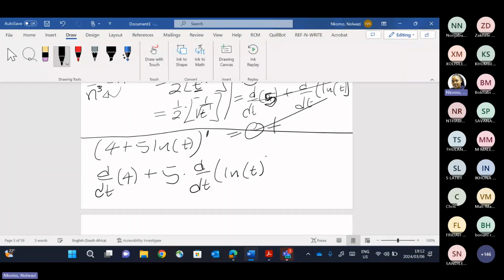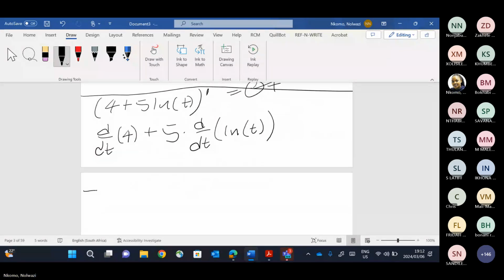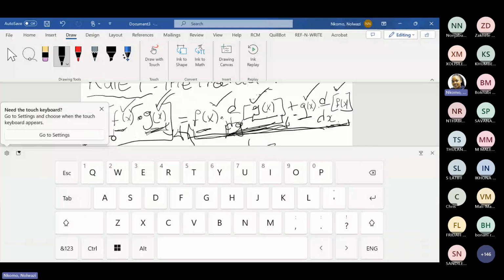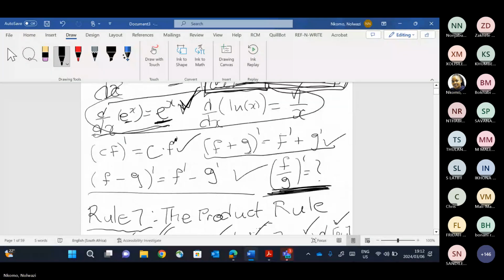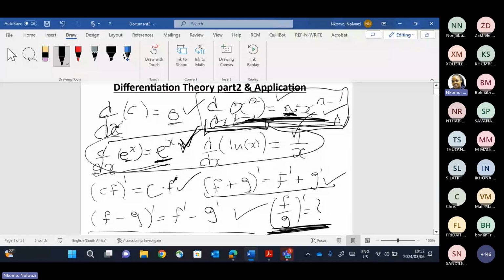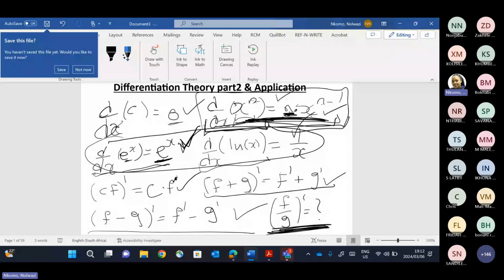We said the derivative of 4 is 0 plus 5 times the derivative of this. Then we go back to our rules and see which rule we can apply here, right? Okay, here are our rules. This rule says the derivative of ln x is 1 over x.